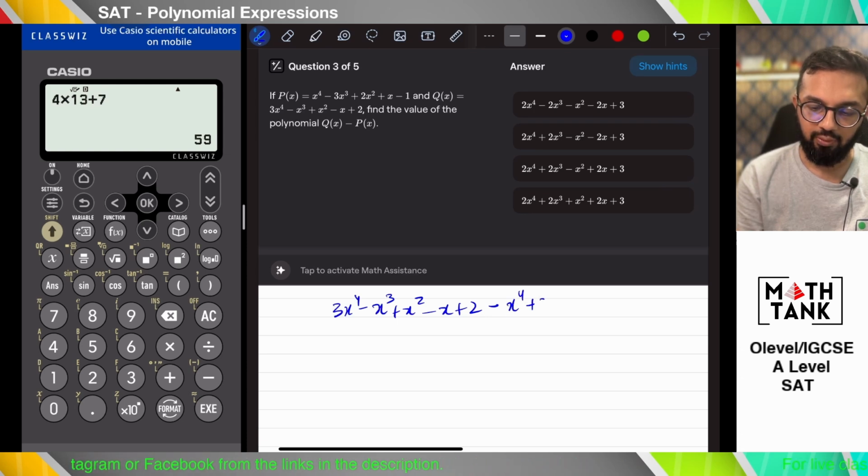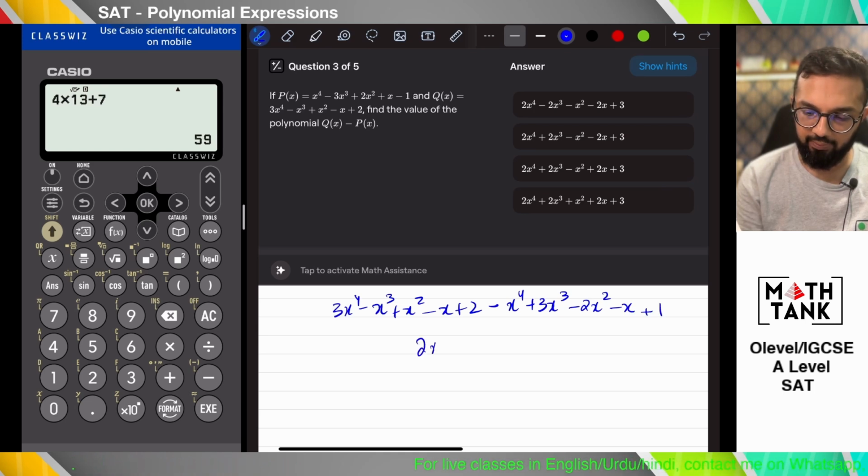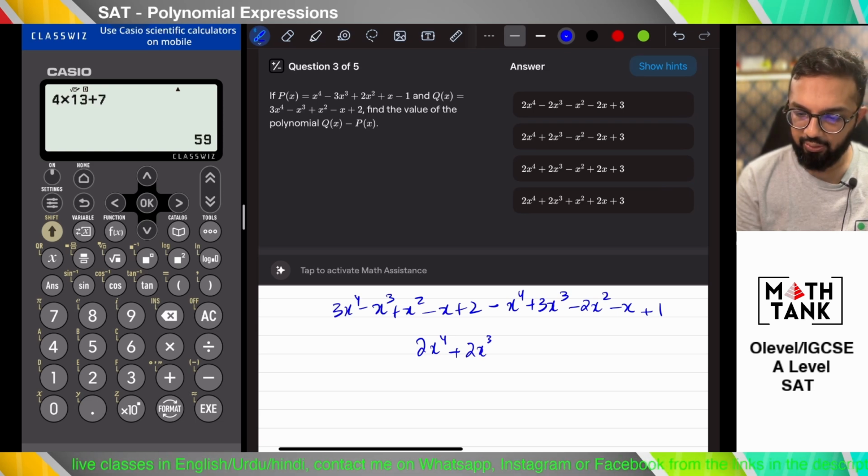X power 4 plus 3x cubed minus 2x squared minus x plus 2x power 4 plus 2x cubed. Do I have an answer option? Yes, I have three answer options right now. Then I have minus x squared, so I have either B or C minus 2x. Okay.